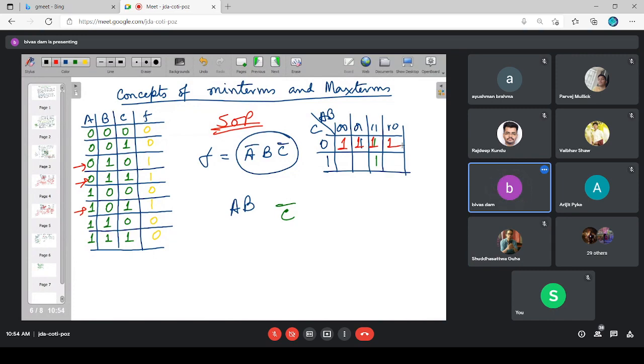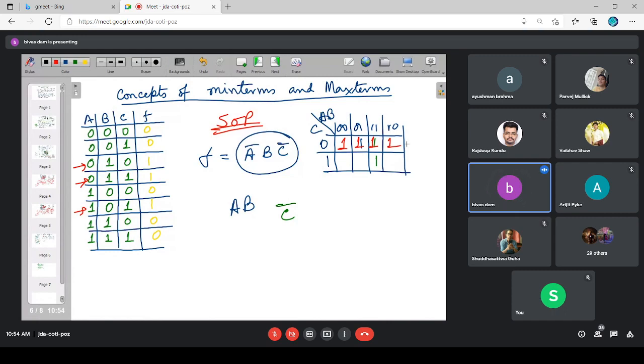So what I find is that if the product term consists of all input variables, then due to that product term, the minimum number of cells in the Karnaugh map will get occupied by logic 1.